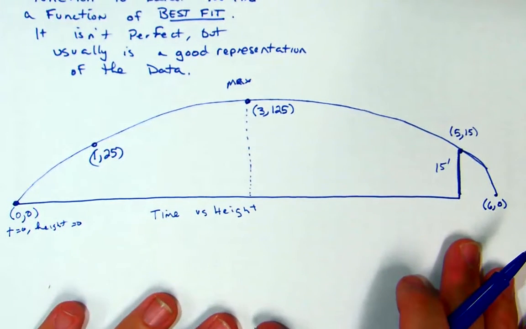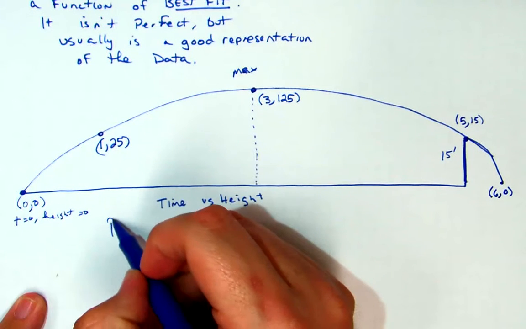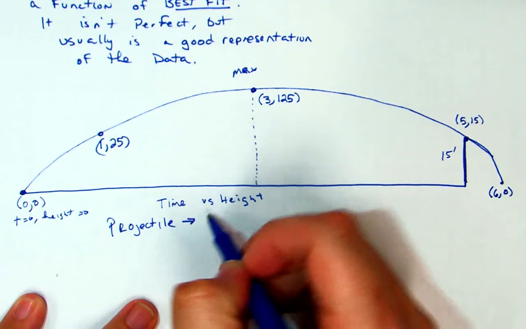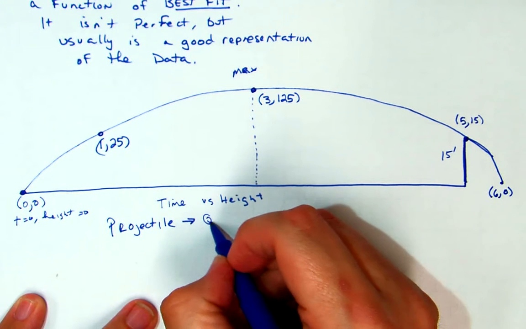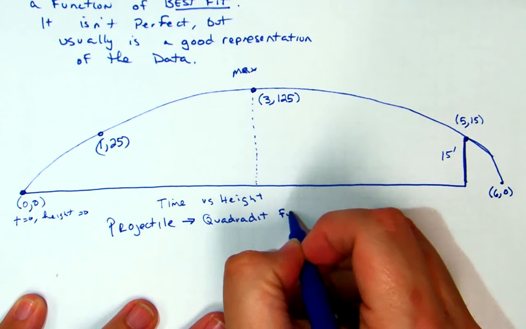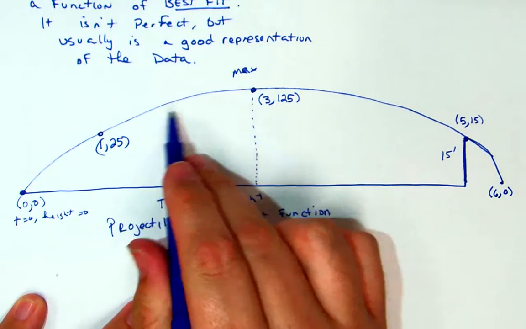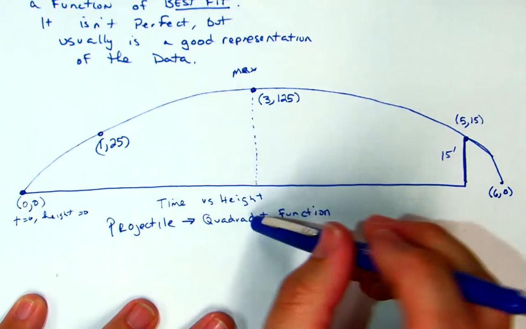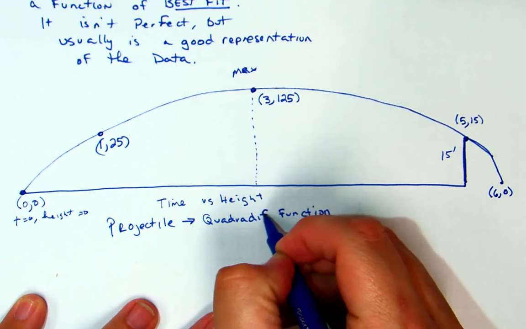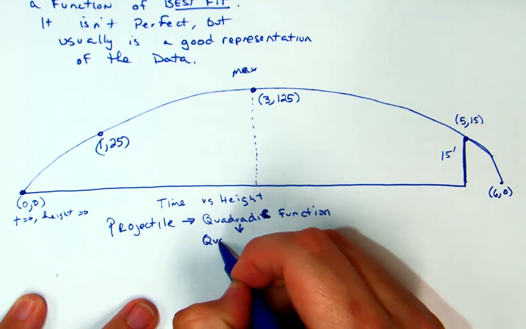And what I want to do is fit an equation to this. Now, since this is a projectile, the best function that we can use is going to be a quadratic function. So if I understand that the real life process of a projectile can be modeled with a quadratic, we're going to use a quadratic regression.